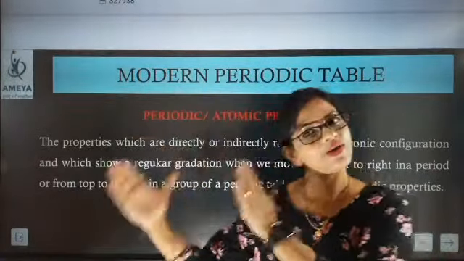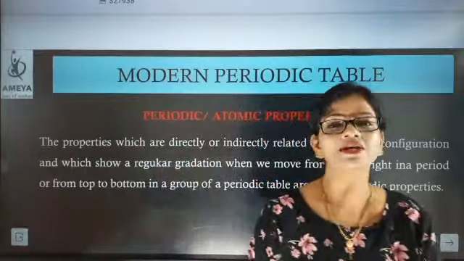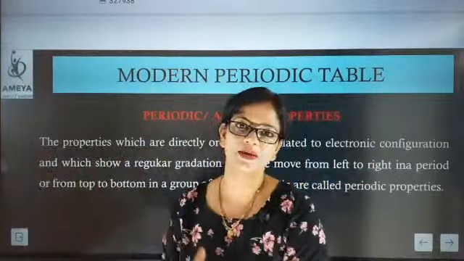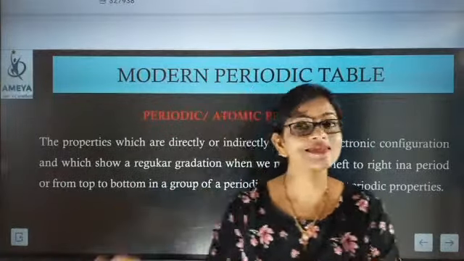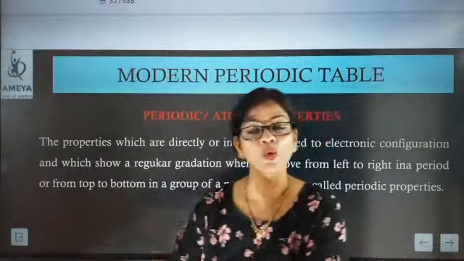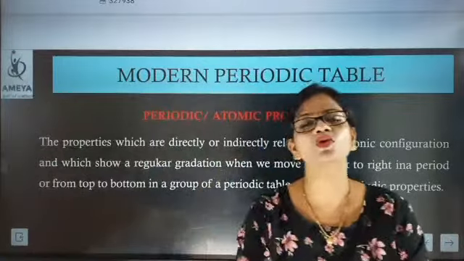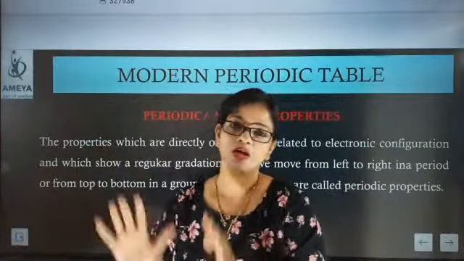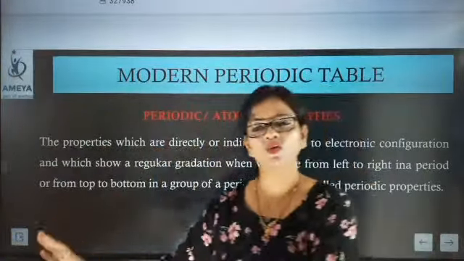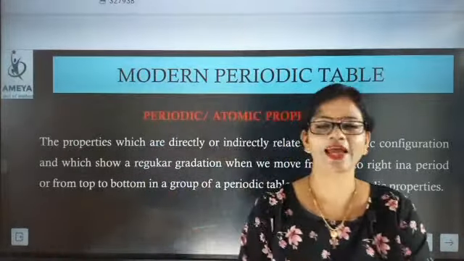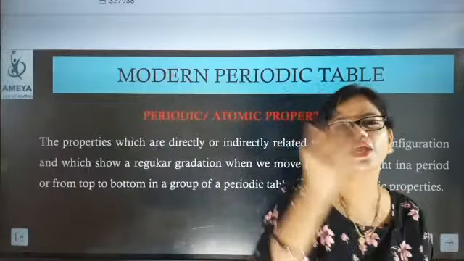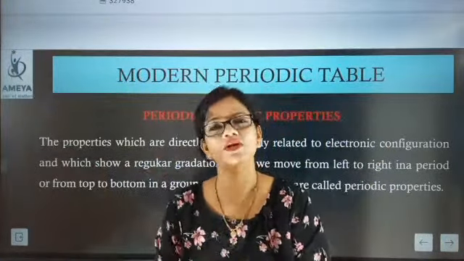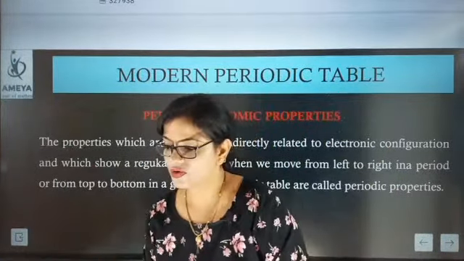So now we already know that the elements present in the periodic table are represented successively in the form of groups and periods. So it is not only group, also periods. Through period-wise and group-wise, the changing properties of the elements across from left to right and top to bottom, when we discuss them, that will become the periodic property.